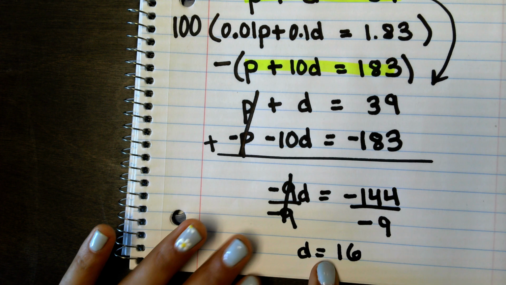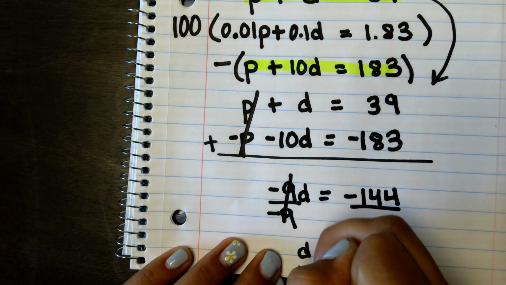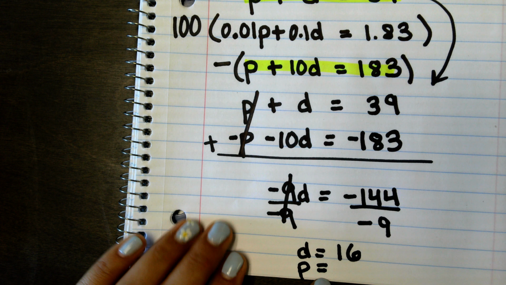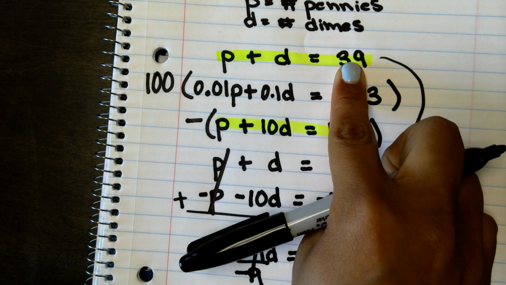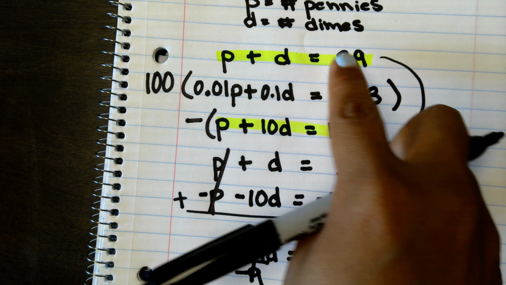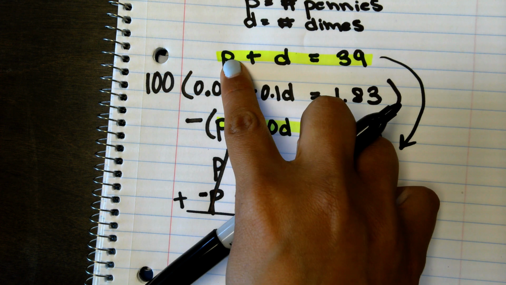So what does this mean? Well, that means that there are 16 dimes. Now, we want to know also the number of pennies, right? Well, remember that there are 39 coins total. We know that 16 of them are dimes. So what's left over?